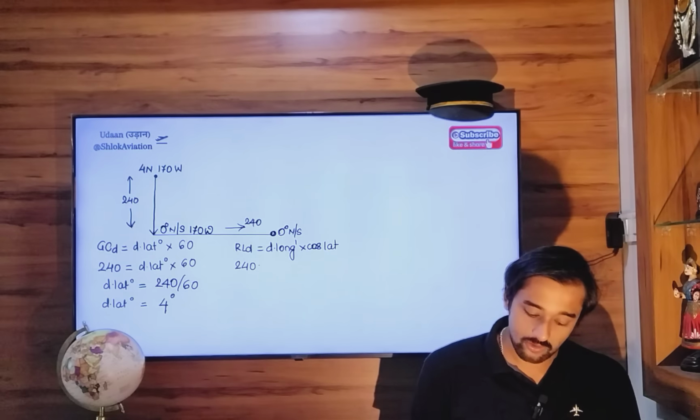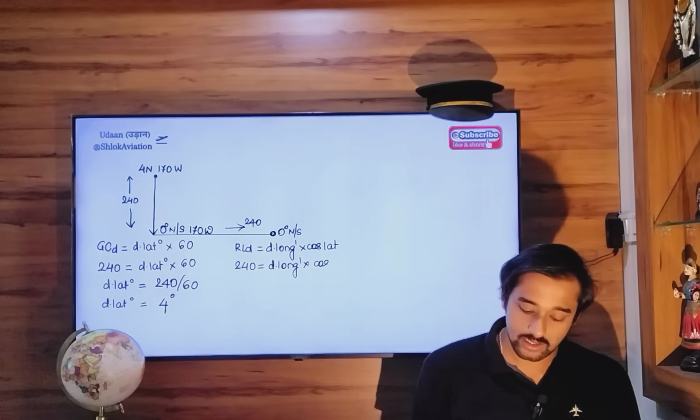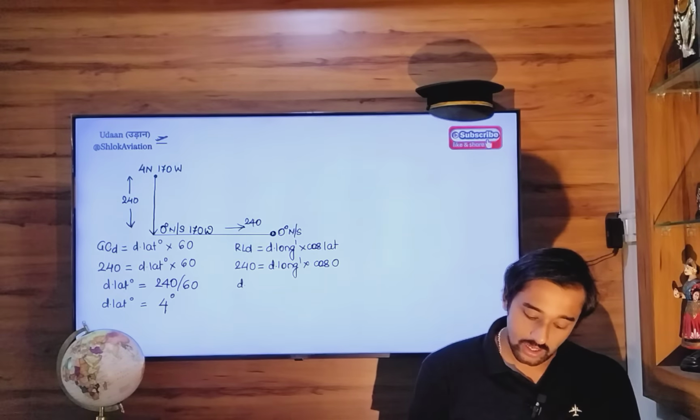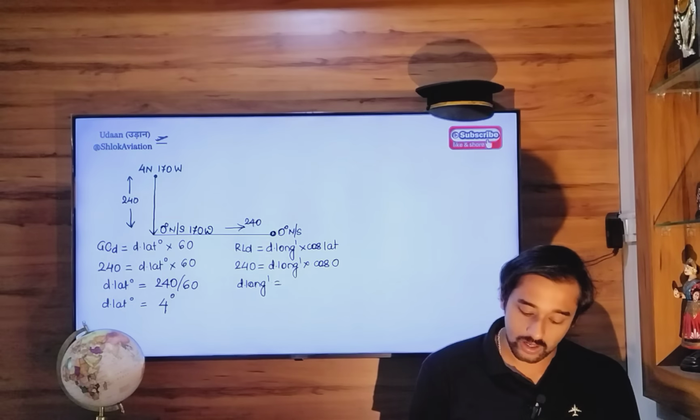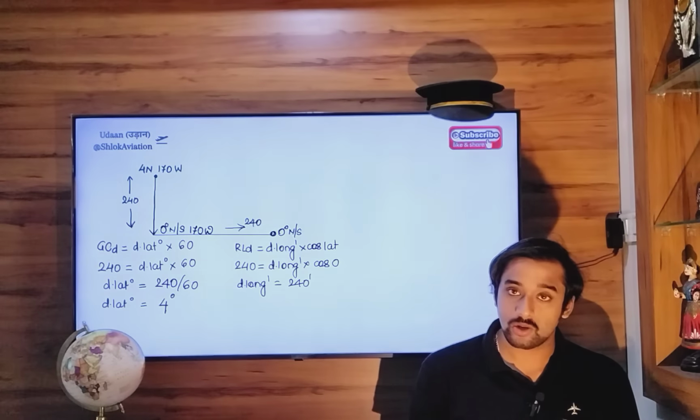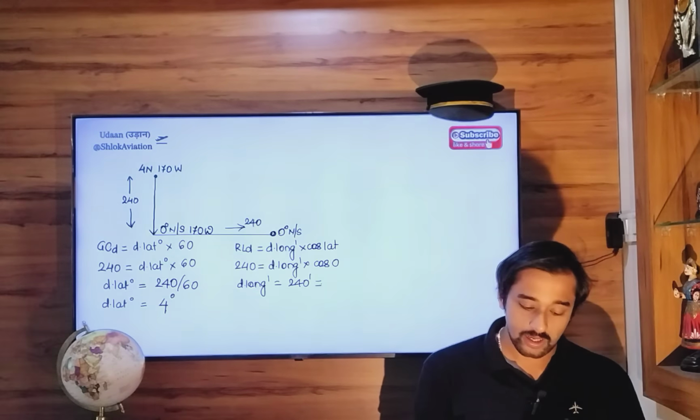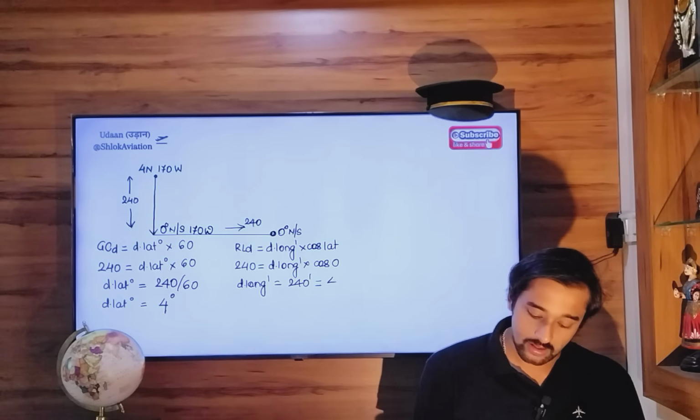So 240 equals d long in minutes into cos 0. So d long in minutes will be equal to 240. Cos 0 is 1. Now 240 minutes is nothing but 4 degrees.